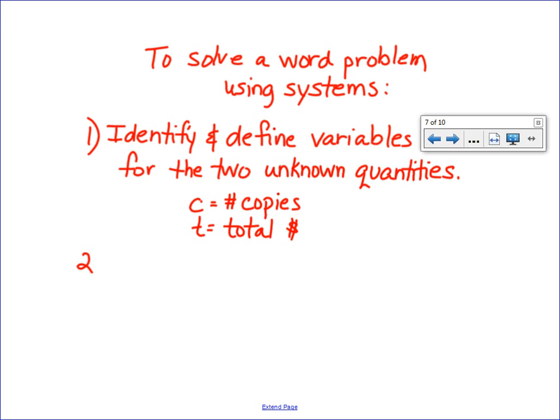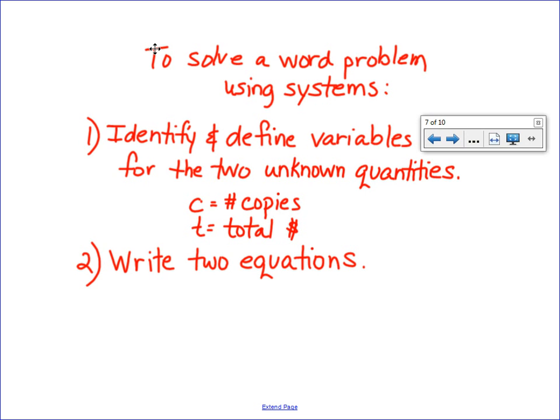Step 2 is to write two equations. Now, writing the two equations, in the examples in today's lesson, we wrote one for expenses, one for income.